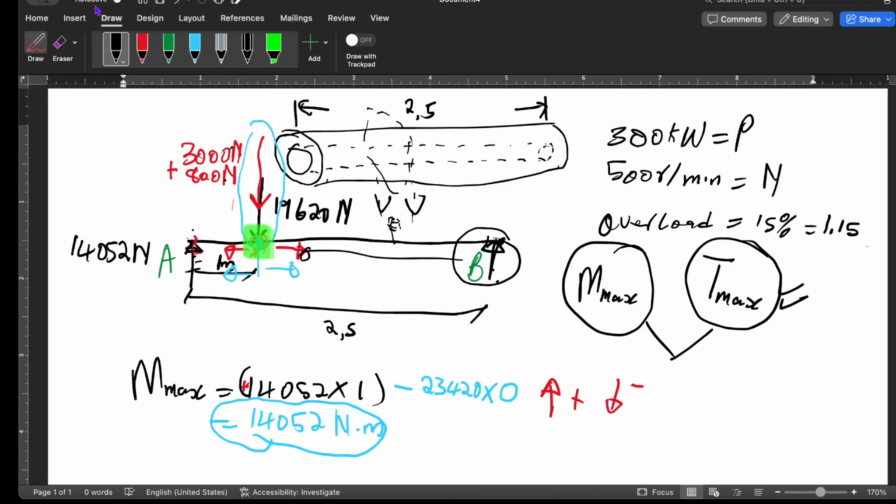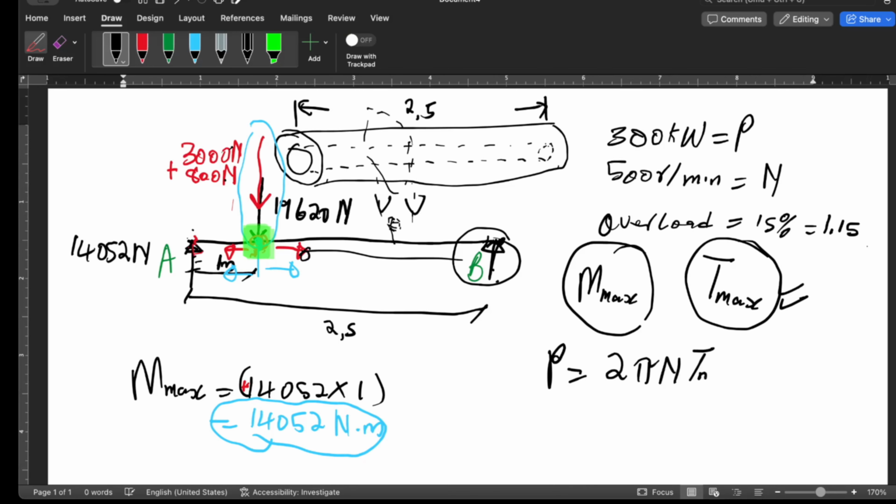Then again, we said we need to calculate the two. We need to calculate the maximum bending moment and maximum torque, right? So how do you find maximum torque? What is it that we should calculate? We must first calculate T mean, and we find T mean from the power formula.